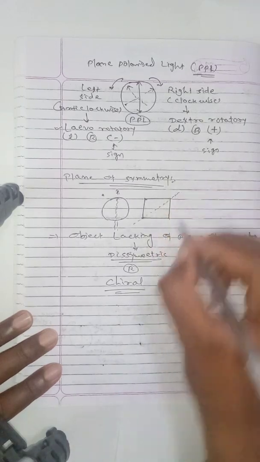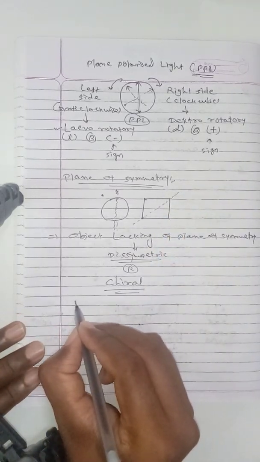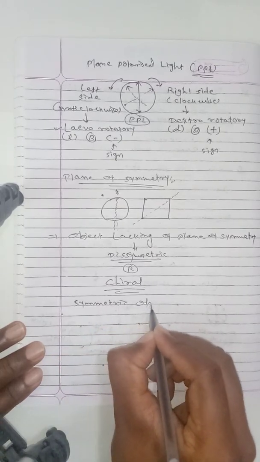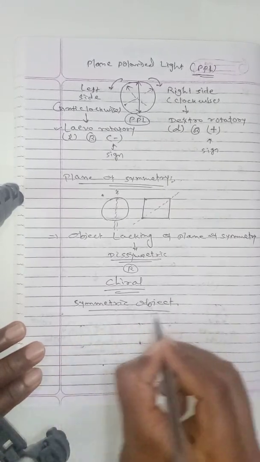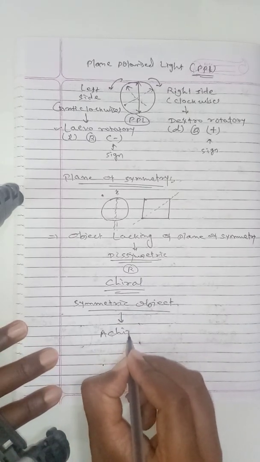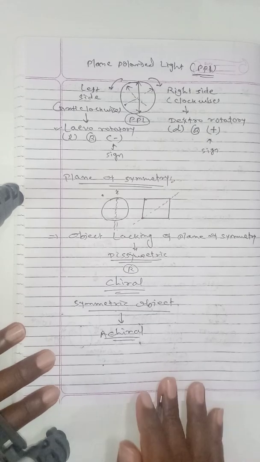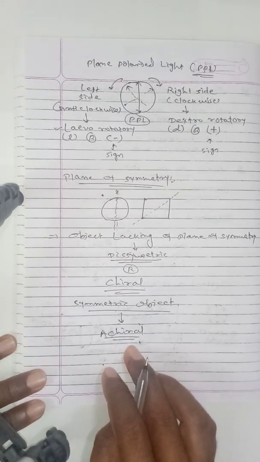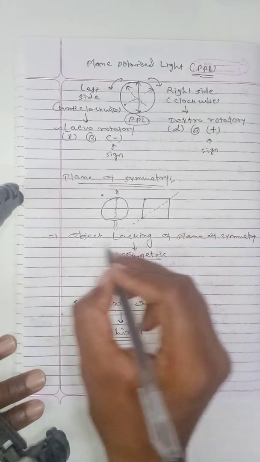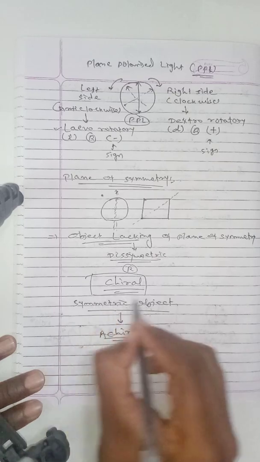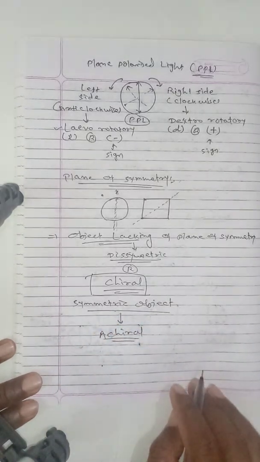While a symmetric object is referred to as achiral. And a dissymmetric object, one lacking a plane of symmetry, is said to be a chiral object. Okay.